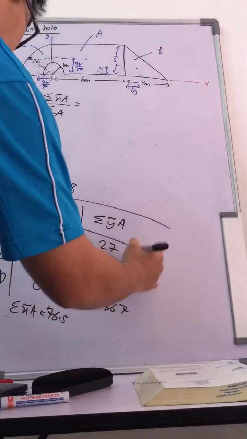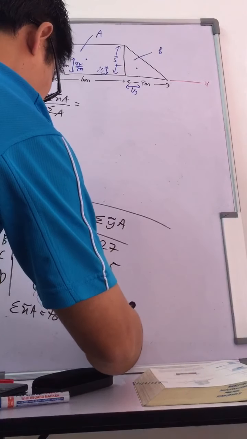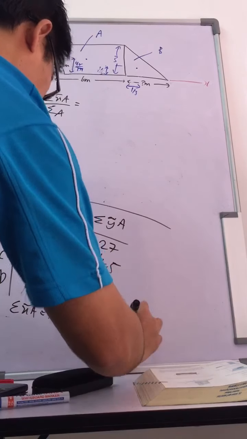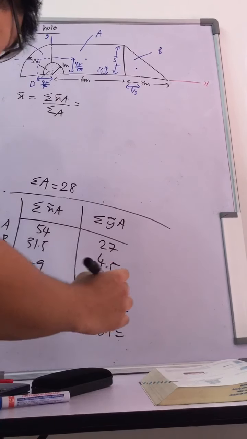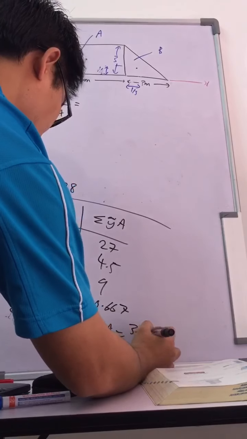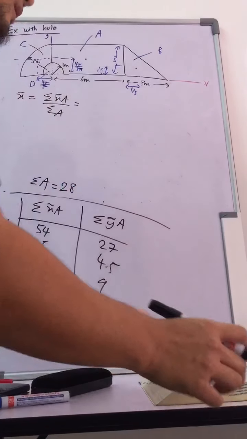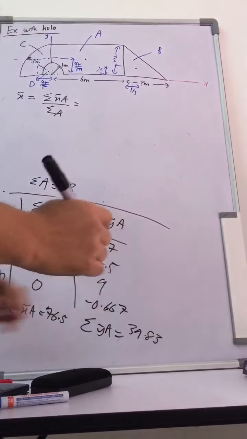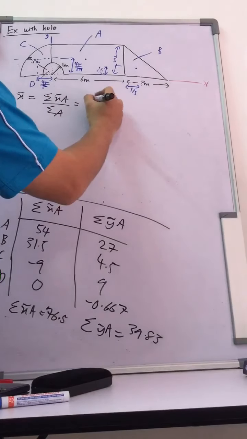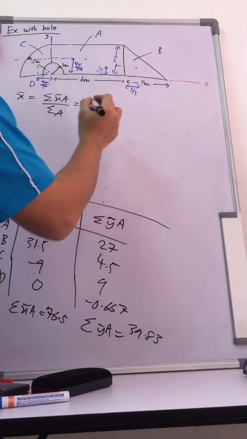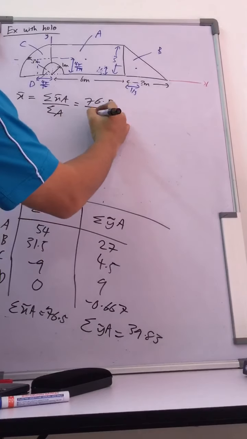And for summation of y tilde A, you sum these 4 up. So 27 plus 4.5 plus 9 minus 0.6667. So you got 39.83. Right? So this one, x bar, is 76.5 over the area, which is 28.